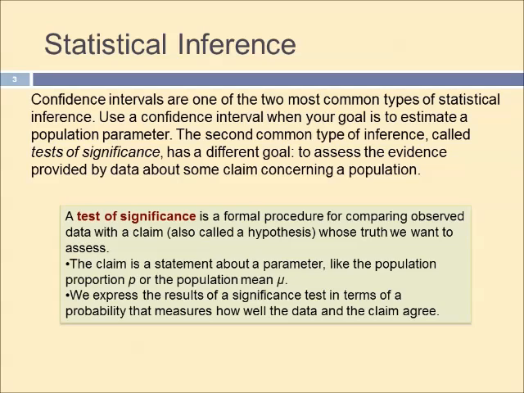So a test of significance is a formal procedure for comparing observed data with a claim, also called a hypothesis, whose truth we want to assess. The claim is a statement about a parameter, like the population proportion or the population mean, and we express the results of a significance test in terms of a probability that measures how well the data and the claim agree.